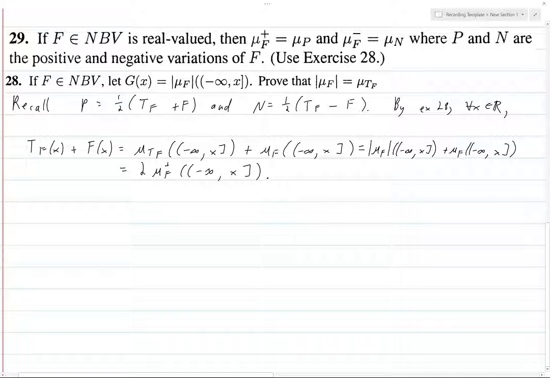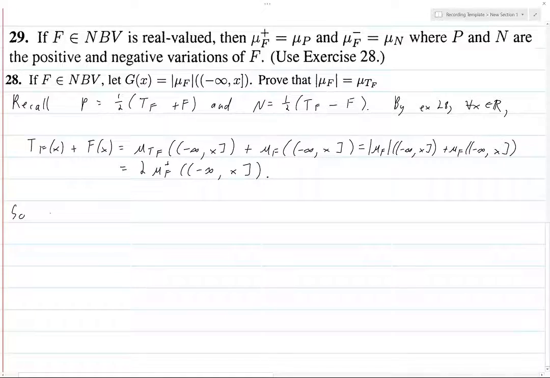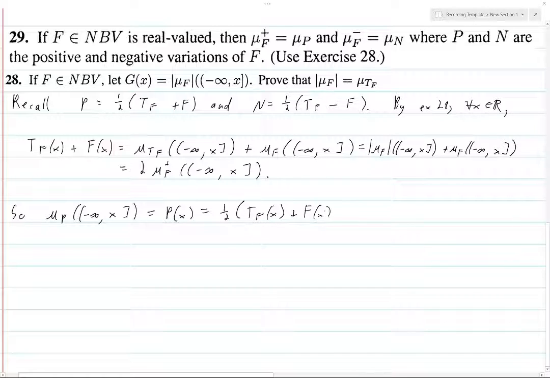Okay, there we go. So what does this mean? So mu p of negative infinity to x, well, that's just what p of x is by definition. By the definition of mu p, this is equal to p of x. And by definition of p of x, this is 1/2 times Tf of x plus f of x.